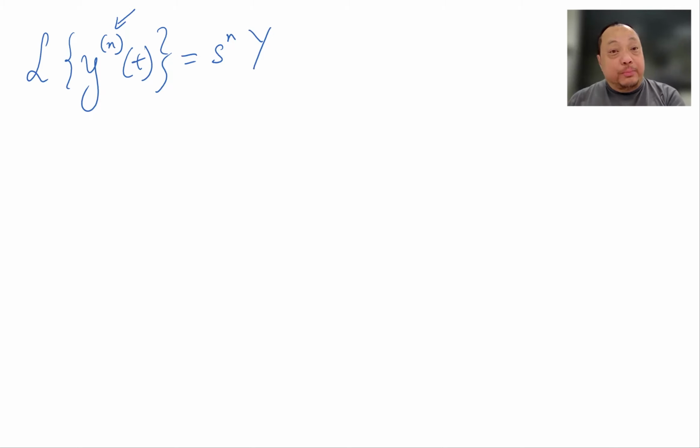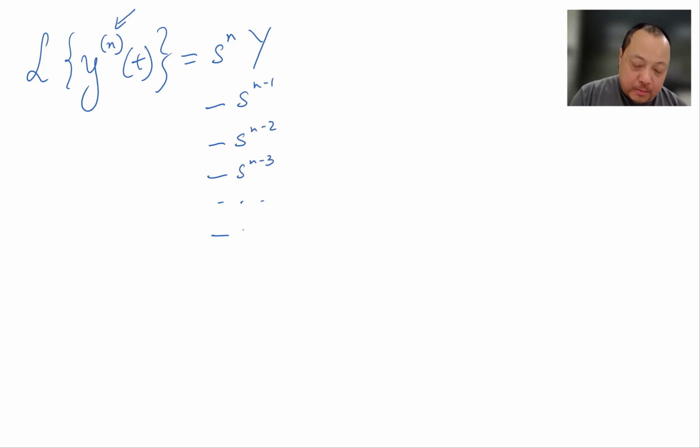Everything else is a subtraction after that. So you have many minuses after that, where the power of s starts going down, s to the n minus 1, all the way down to s to the 1.